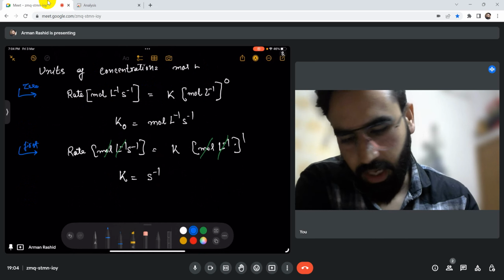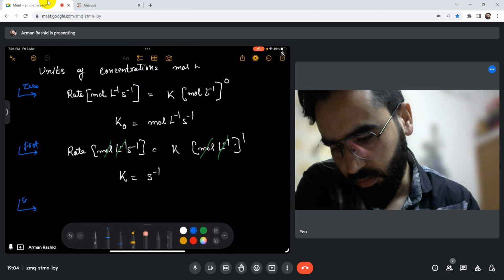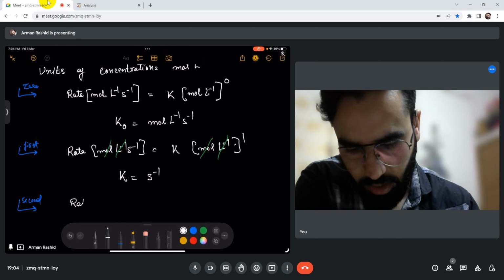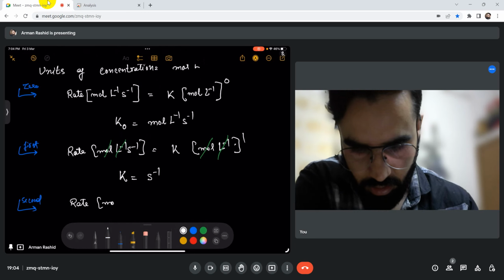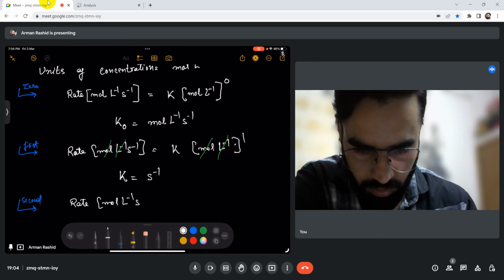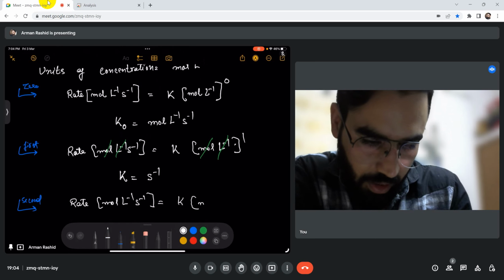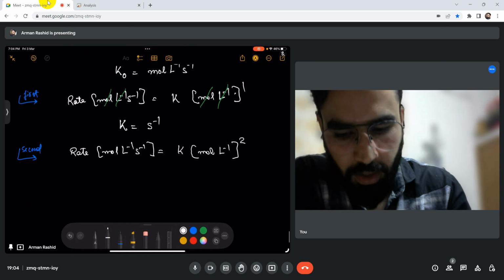Similarly, for a second order reaction, the rate has the same units as I told you before, K times mole per liter squared.